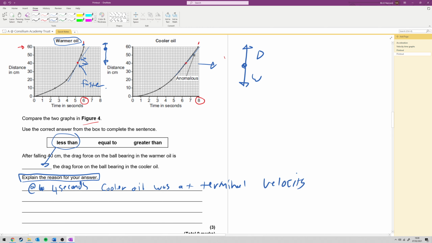Terminal velocity. So that means that weight force equals drag.